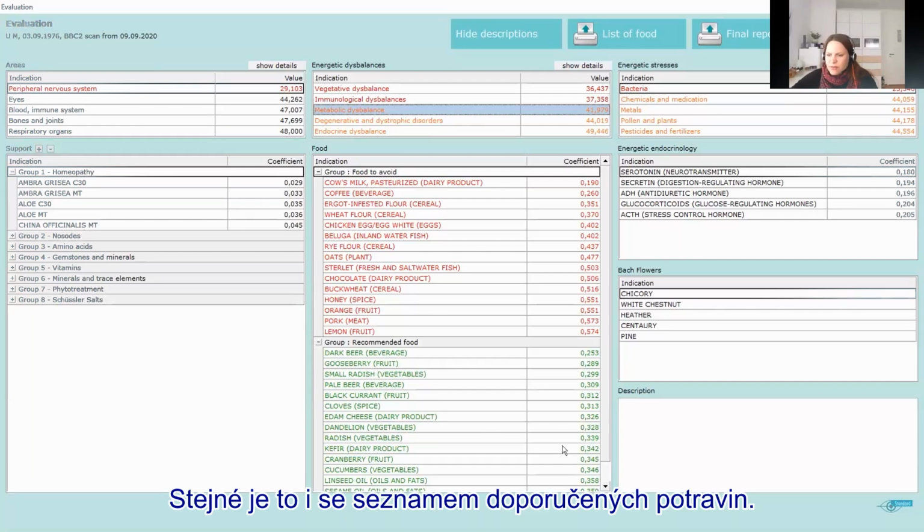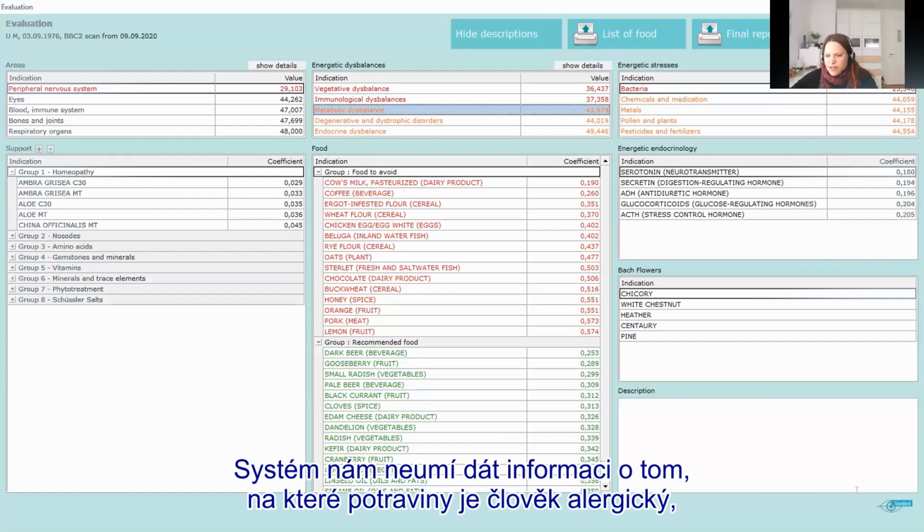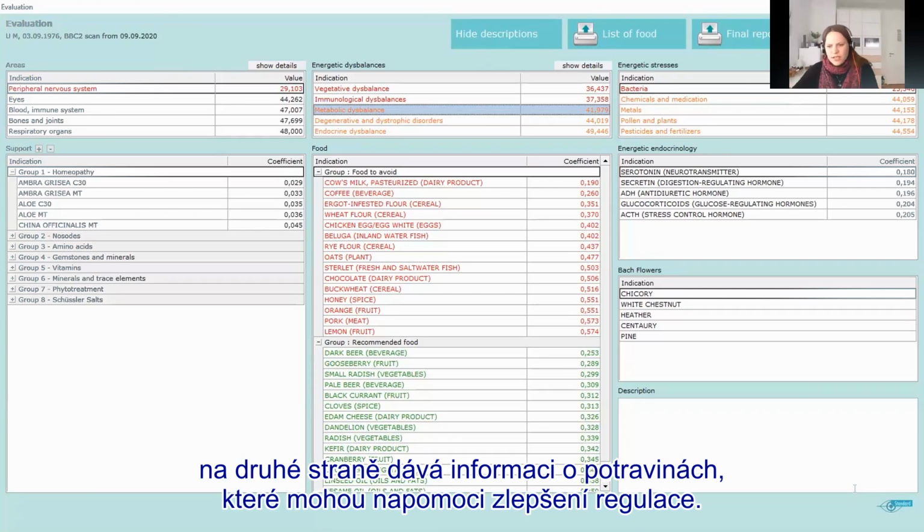So here the same: this is what the system can't give us, information about which food the person reacts to allergically, but it tells what kind of food would help to strengthen the regulation.